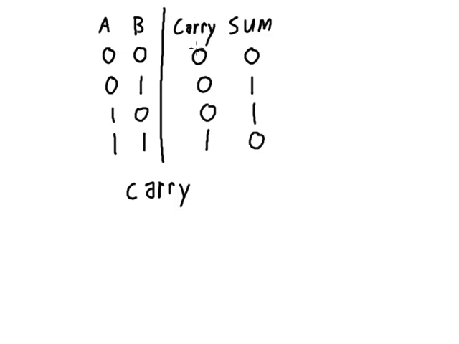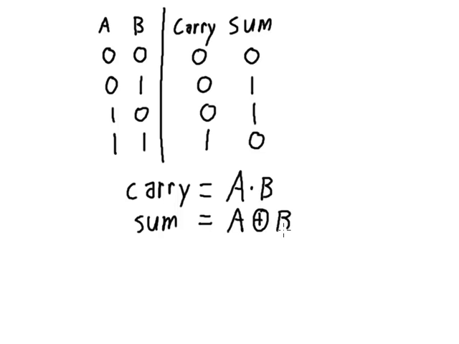So if these are our inputs and this is our output, you can see that if you pass A and B through an AND gate, you'll get the carry bit. And if we look at this as our output with A and B again as our input, that sum bit is equal to the exclusive OR operation between A and B.